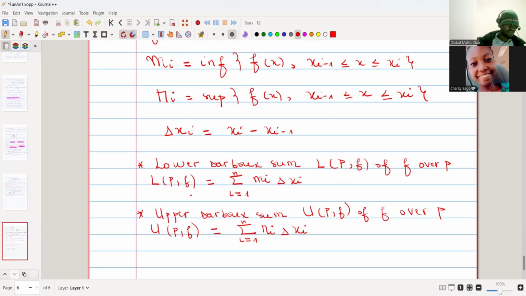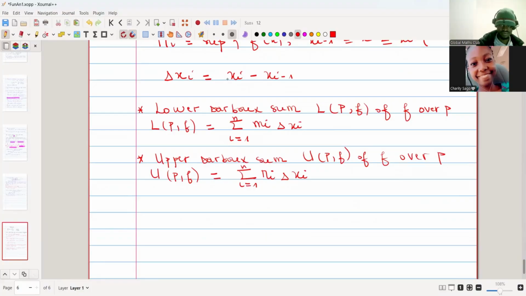What you notice is that for the lower double sum we are using the infimum, and for the upper double sum we are using the supremum. So we need to compute this lower double sum and the upper double sum to conclude about the notion of Riemann integrable function.